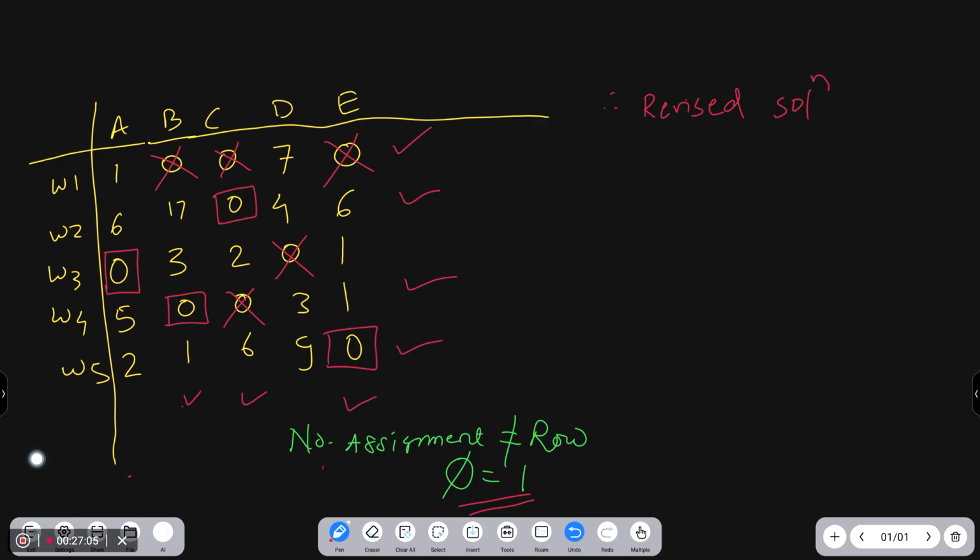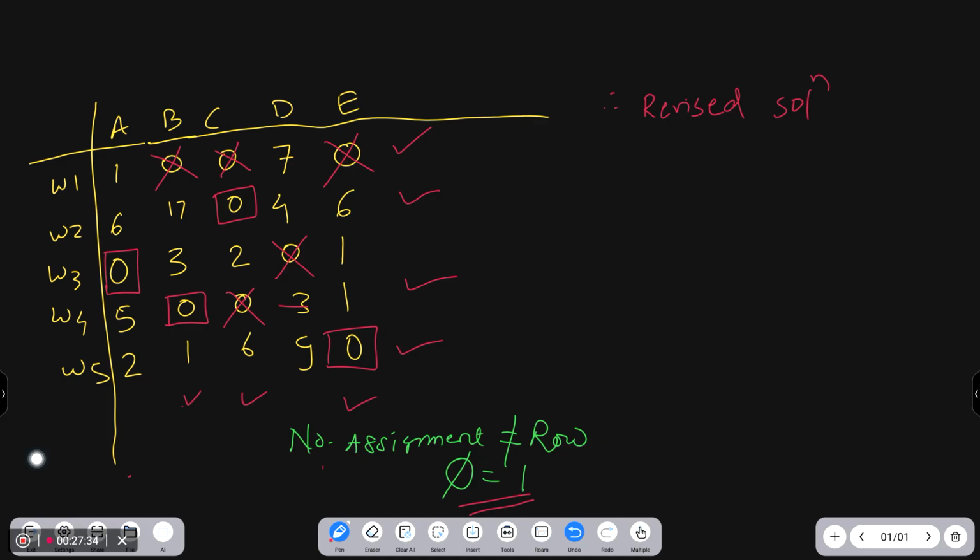In this case, any assignable cell, tick the row. After that, you have to check this row: two zeros are there. Tick the column, which is already ticked. Therefore, you have to try this ticking mechanism repeatedly till the maximum ticking is not possible, right?